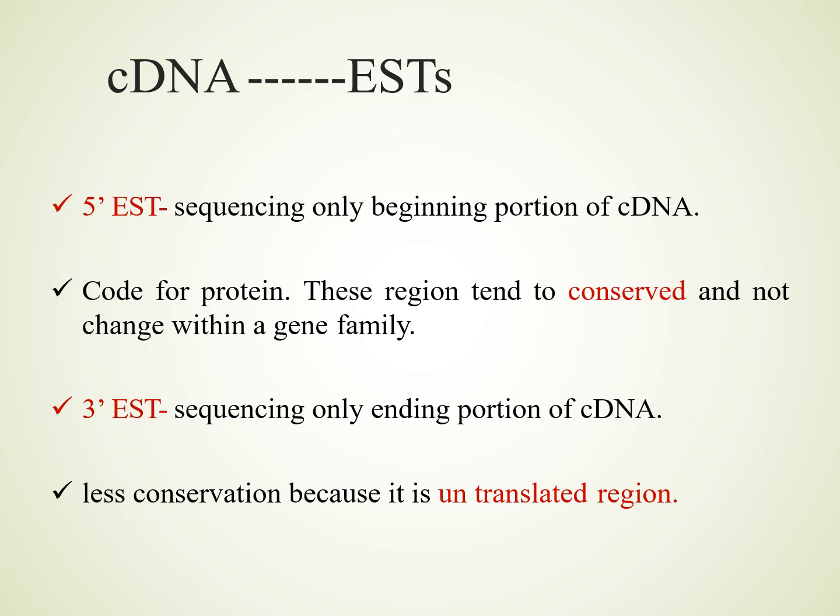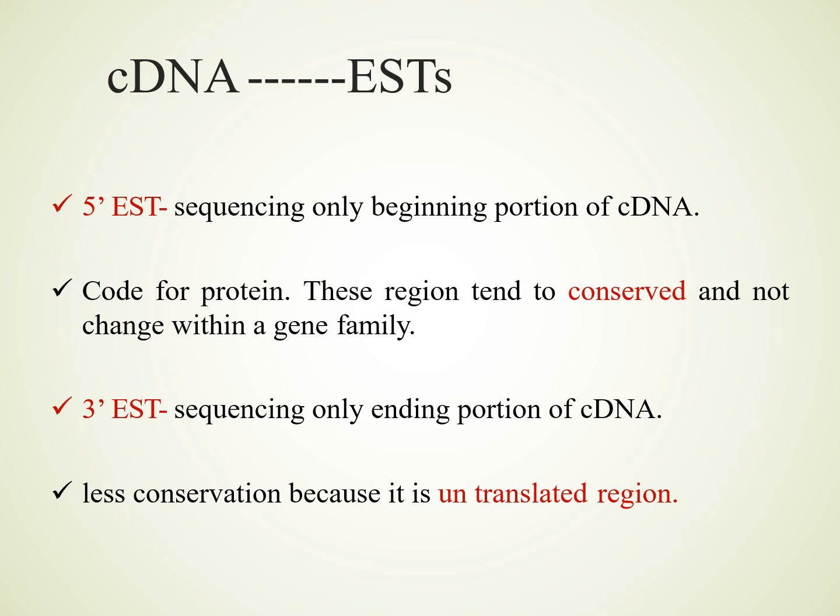That is called a 5' EST. When you determine the sequence of the 5' region of the cDNA, it is called a 5' EST. This is the region which codes for the protein, and as it codes for the protein, it remains conserved within the gene family. So across different species, you may find similar sequences.